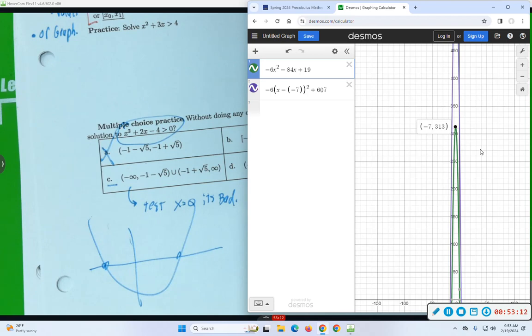All right, well, let's just test that in this case. For this problem, this C will be 19 minus, it gets squared anyway, 84 squared over 4 times negative 6.